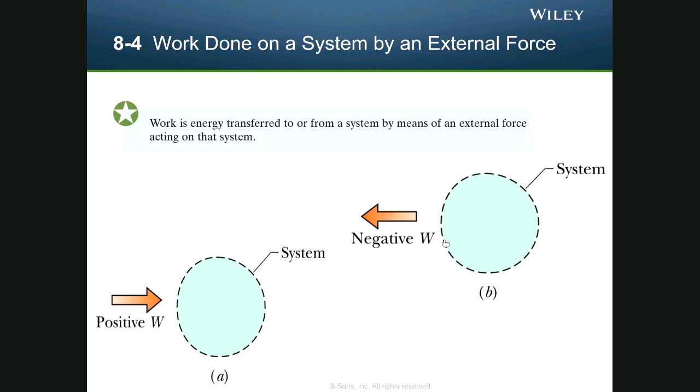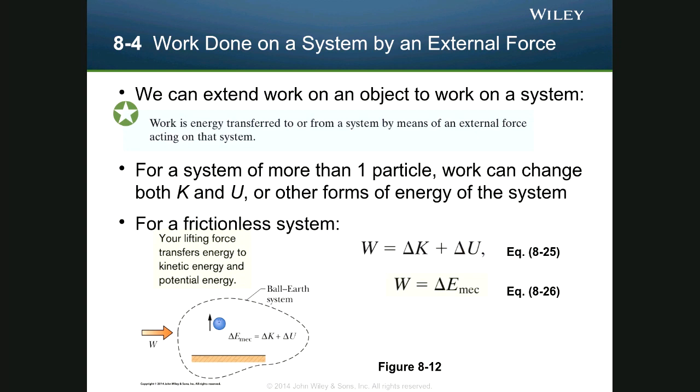These are very sophisticated representations here, but this is sort of a rehash of some Chapter 7 stuff. Now we can extend work on an object to work on a system. I suppose they're just very formally extending that work we did on a particle to work on an entire system.